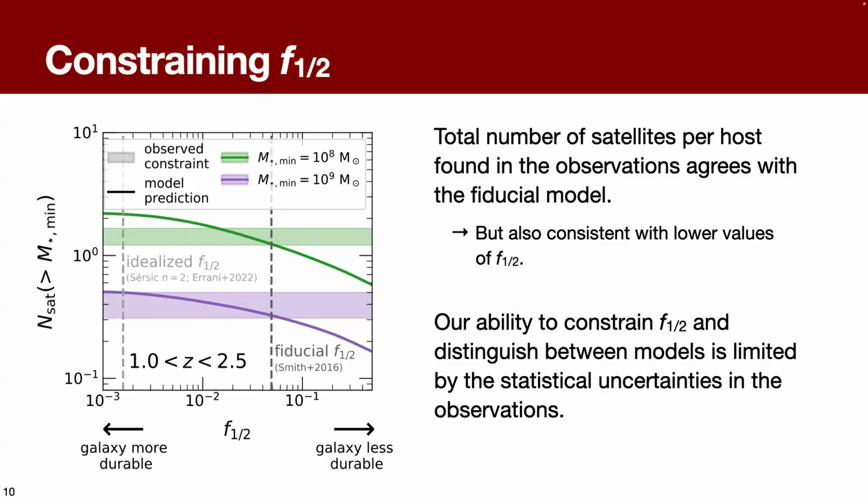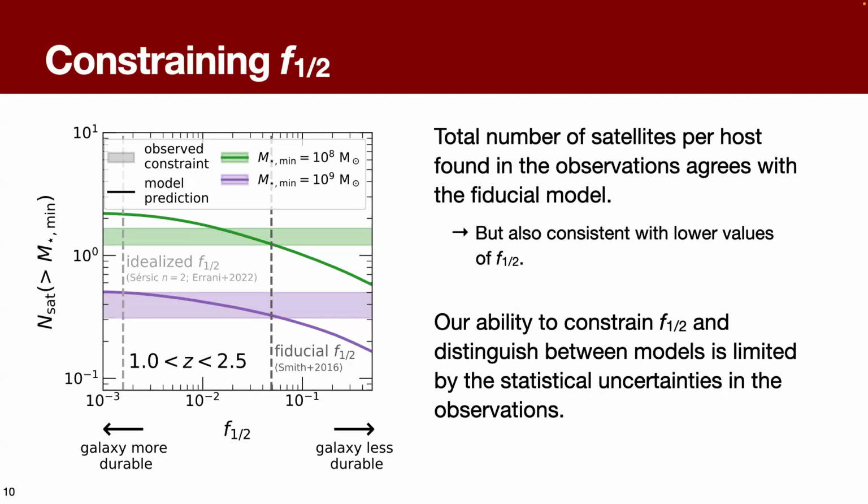And I guess the main takeaway from this plot is that our fiducial model is fully consistent with the data, but also the data is consistent with F1 half being much lower than what the hydro simulations predict. So at the moment, our ability to place real meaningful constraints on F1 half is a bit limited by the statistical uncertainties in the observations. So it's kind of hard to distinguish between these two models.